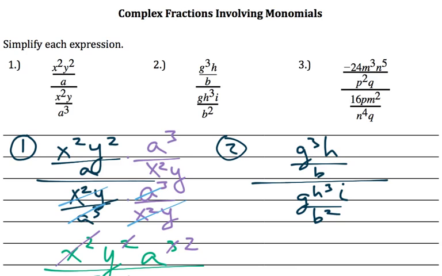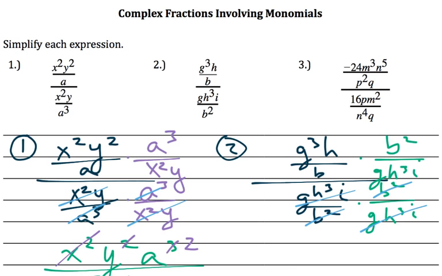Same deal as before. I know that by multiplying the denominator by its reciprocal, b squared over g h cubed i, it'll go away. And then up here, b squared, g h cubed i. So then b squared goes away, g h cubed i goes away.